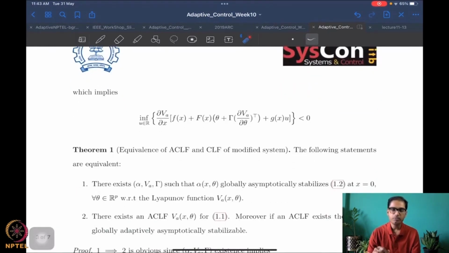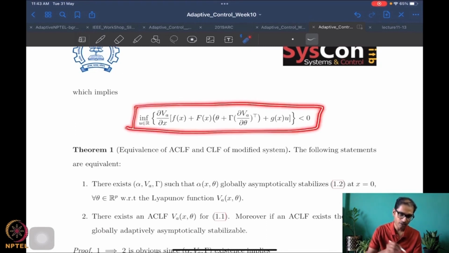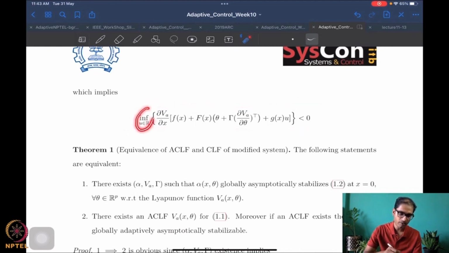What does it imply for VA to be a CLF of this modified system? This is essentially our definition. We have assumed u is a real number for now. So essentially, we need that the infimum over the control values of VA dot, that is del VA del x times the dynamics, is negative.